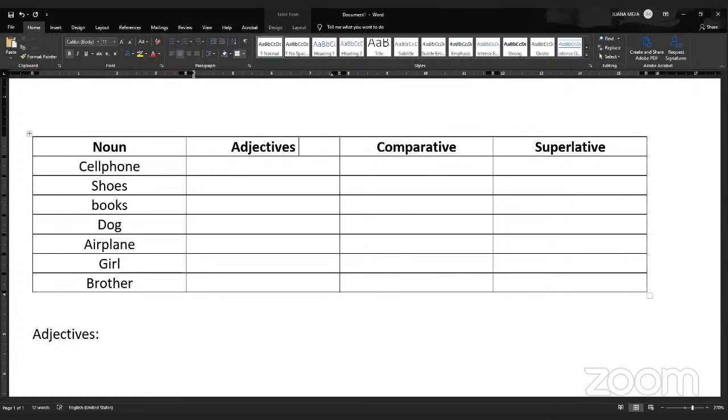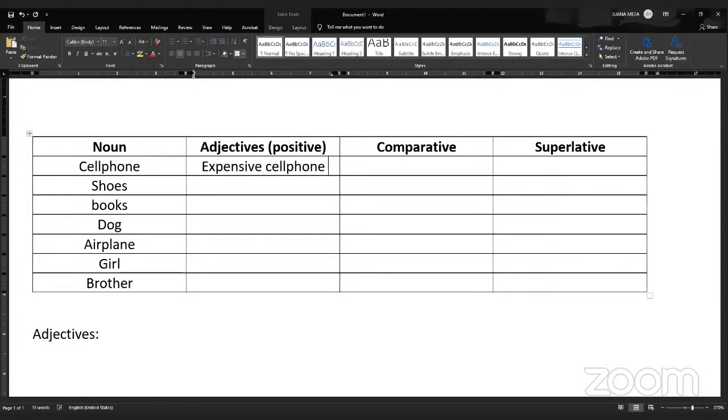In column number 2, let's write some adjectives in positive. For example, number 1, cell phone. This is an adjective for that noun: expensive cell phone.